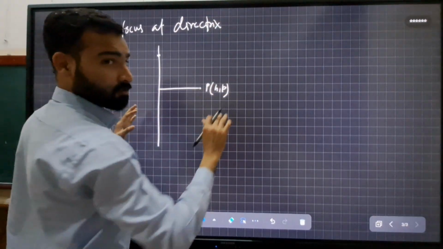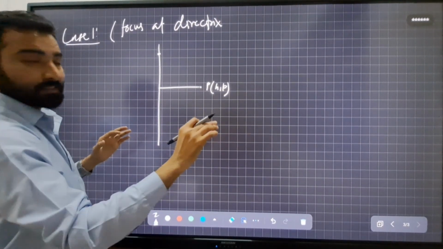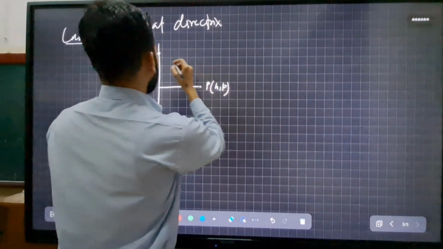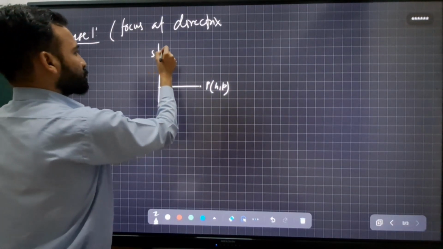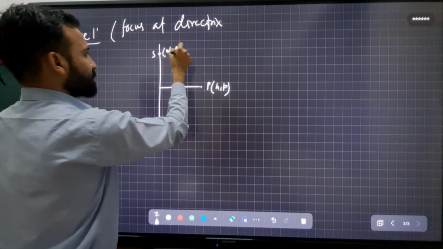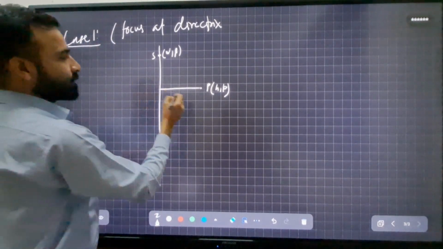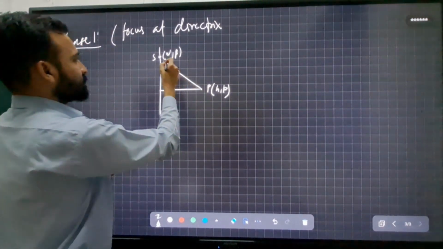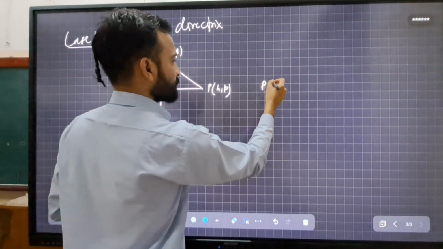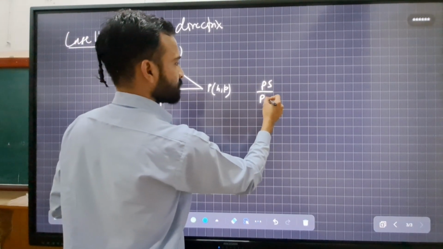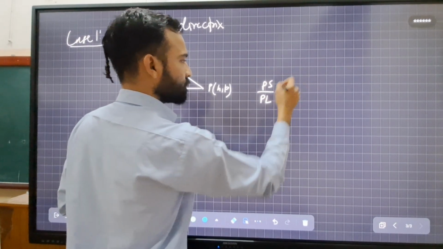This is one of the cases where PS by PL is also constant. So this point S is also here as S (alpha comma beta). Now again we will take the ratio of the distances. So PS by PL again will be equal to e.